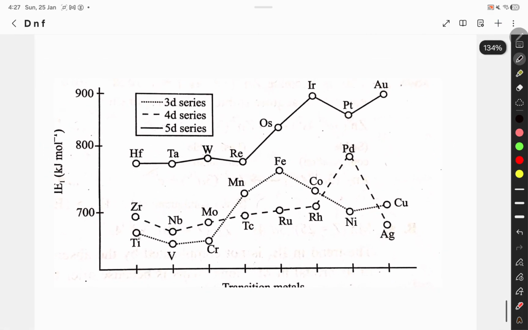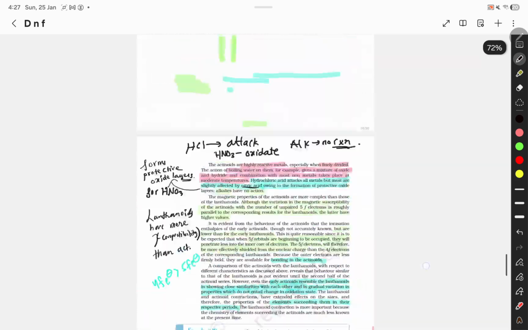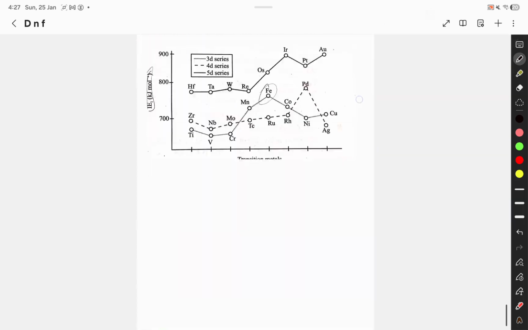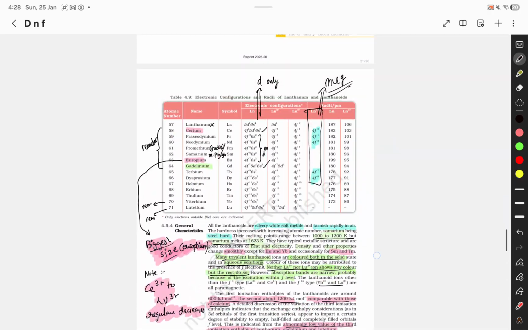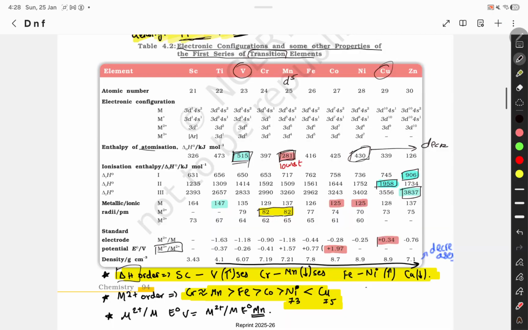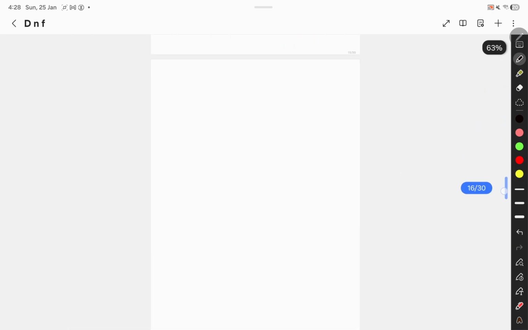Over here, we can notice the order of IE1. It goes like this graph: increase, decrease. Clearly, your IE1 of Fe is pretty high. Let's check the order given by the NCERT before viewing other sources. Yes, guys, Fe is one of the highest.